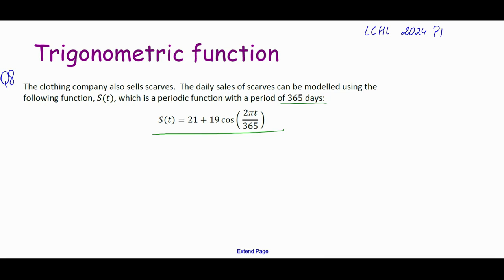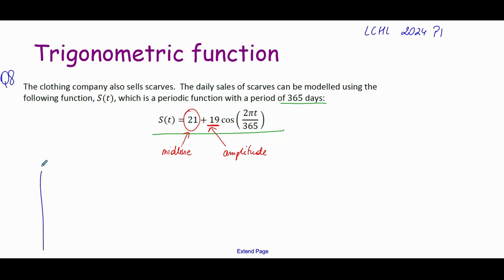Now, when you have a number, in the beginning or at the end, it doesn't matter, that number is your midline, meaning the graph of the function is going to go around this value. Then the number that stands beside cosine is the amplitude. What that means is how far up and down we go from the midline.